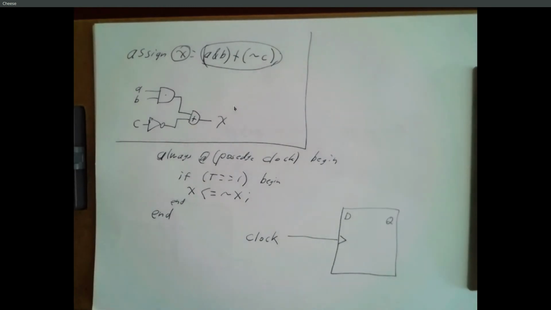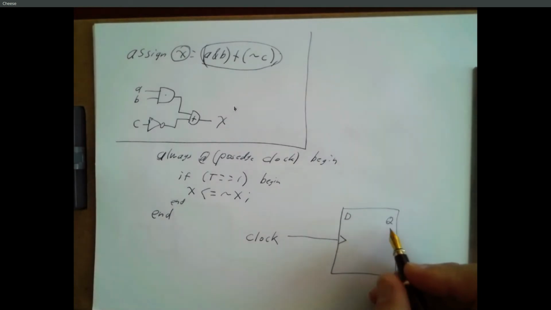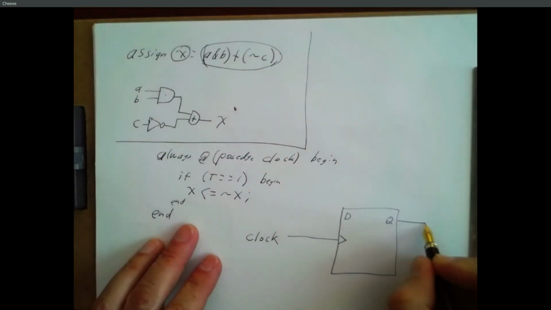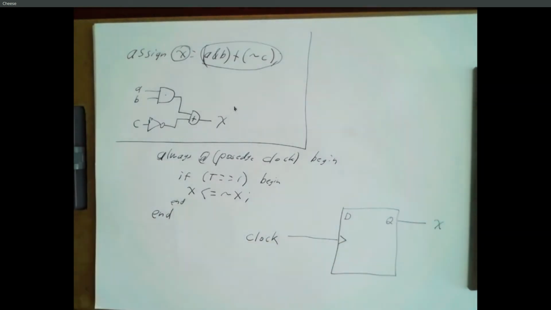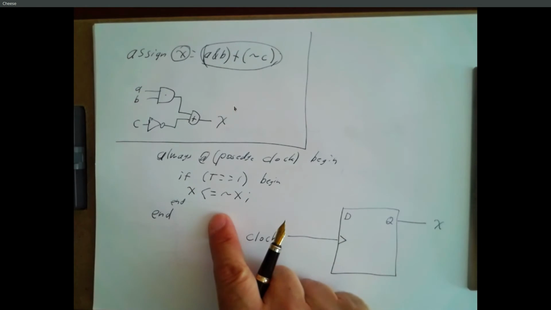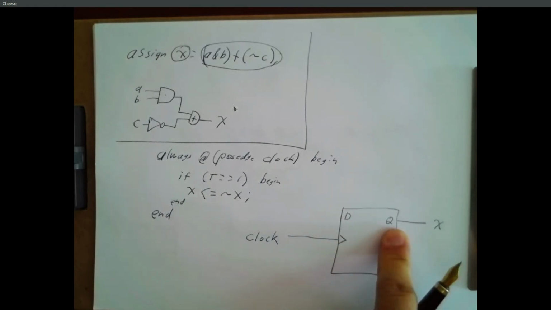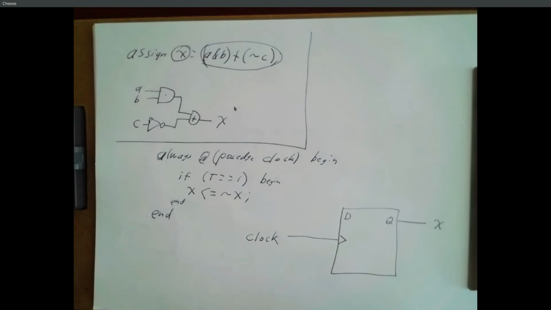So what's going to happen on the positive edge, whatever value is in D is going to get set to Q. Okay, so this is going to be connected to X, or named X. And it says if T is equal to 1, set X equal to the complement of X. If T is equal to 0, then we don't want to change the value of X. But this is still going to tick when the clock ticks, so this is still going to take the value of D and load that into the flip-flop.